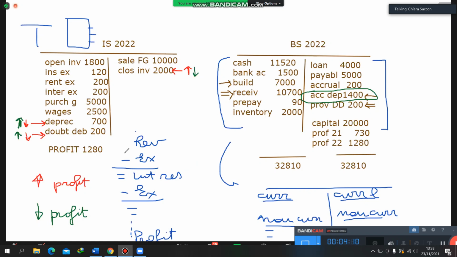Okay, and then why are they so important? It is the same information having a specific order. Then we can generate some relationship between amounts in the financial report.